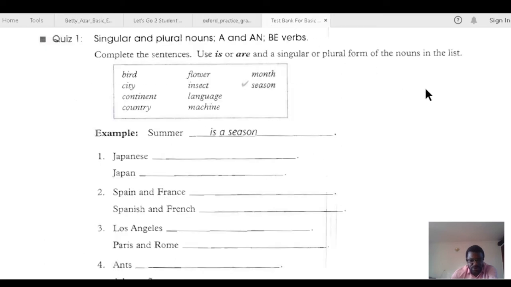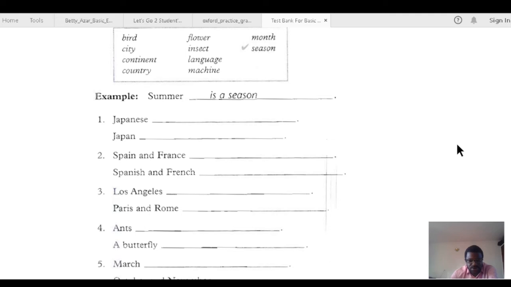we are moving on. Okay, here again you have singular and plural nouns. We have bird, city, continent, country, flower. I think we've done this before, but I just need to take you over one more time so we can have a proper look. We have flower, insect, language, machine. So season is chosen already.